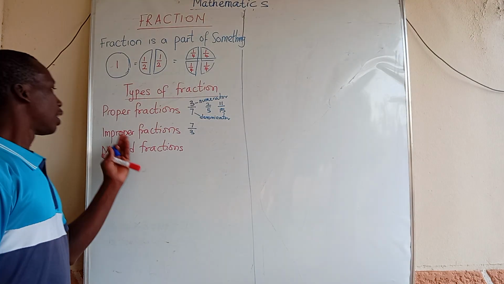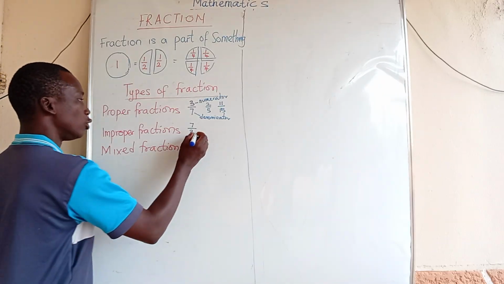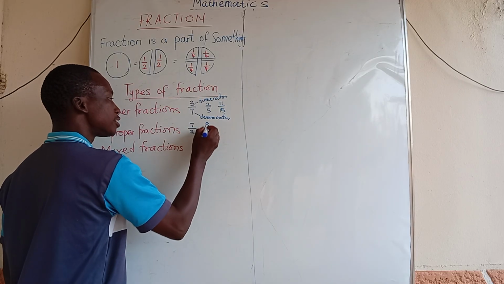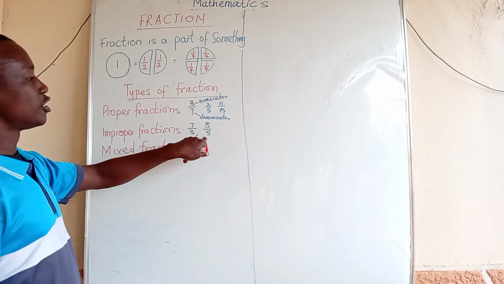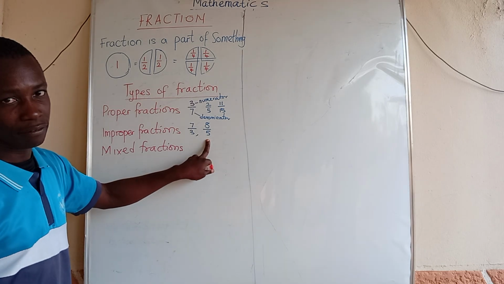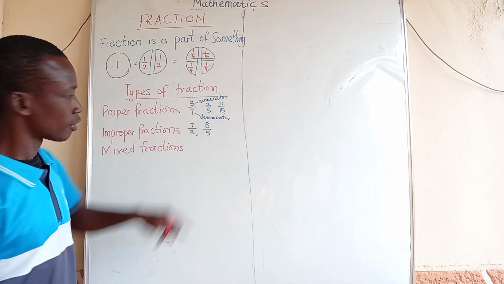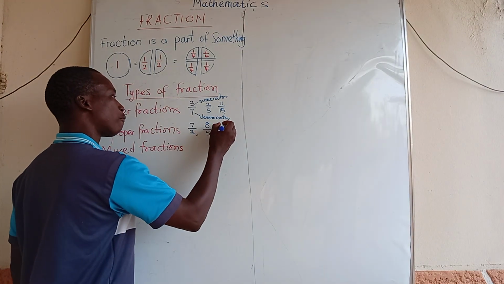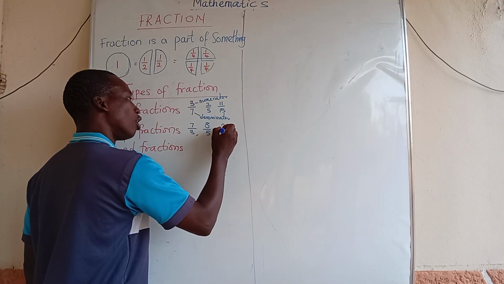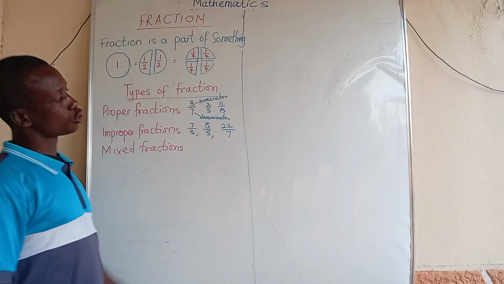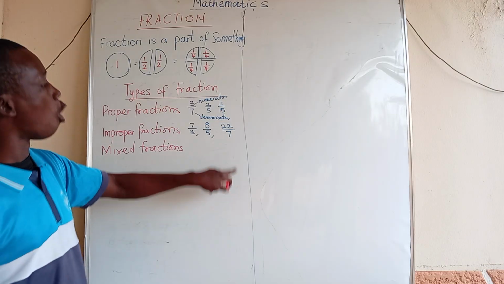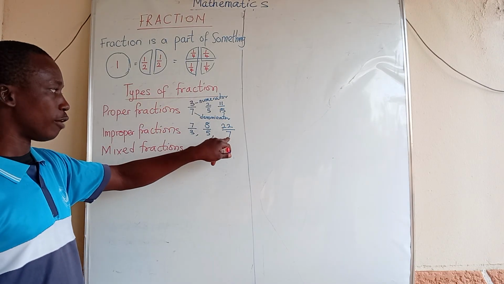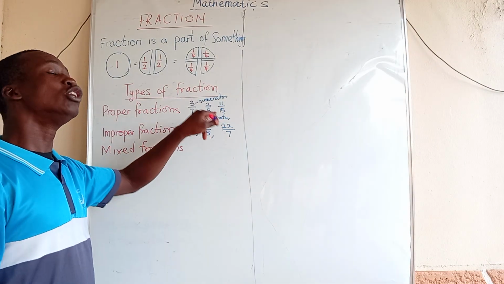Then examples of improper fraction: 8 all over 5 is an improper fraction because it is not proper for 5 to be carrying 8. Another example of improper fraction is 22 over 7. This is also an improper fraction because it is not proper for 7 to be carrying 22.